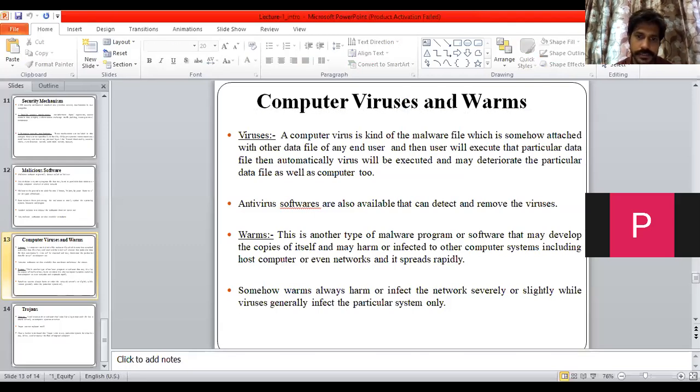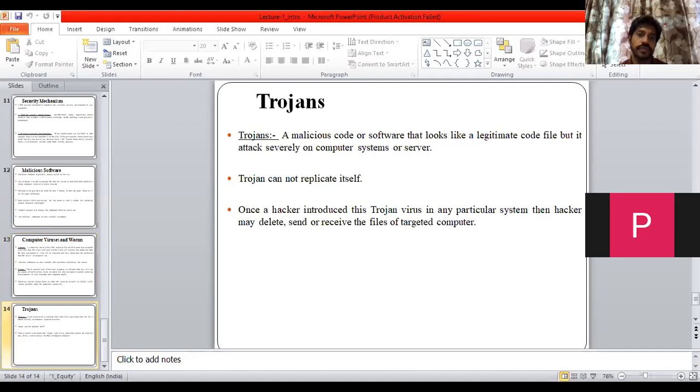And the next is the Trojan. This is a very dangerous malware, we can say. As I told you, whether it is Trojan, botnet, worm or virus, all are malware. The Trojan is a malicious software that cannot replicate itself.